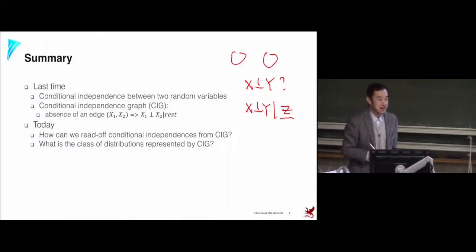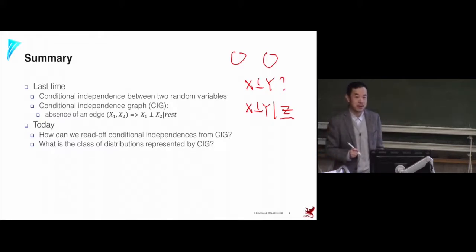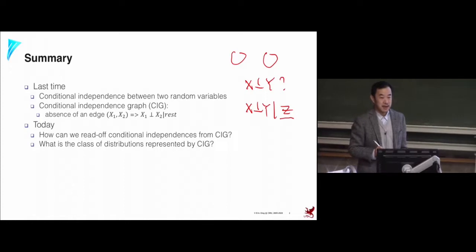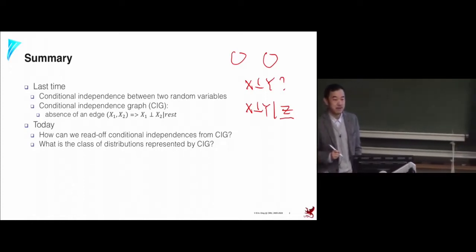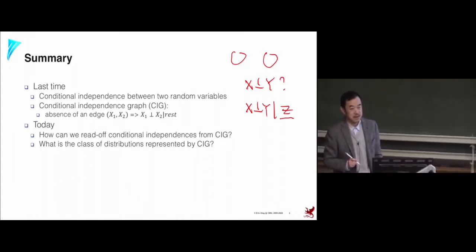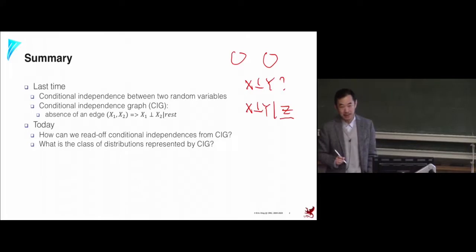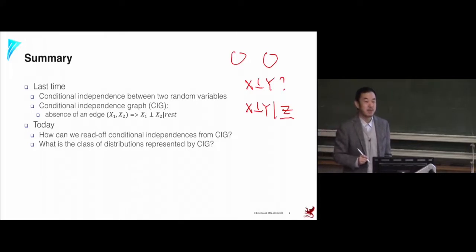And then we said that partial correlation or correlation doesn't necessarily translate to independencies. You can use mutual information to measure pairwise independencies, but in terms of the correspondent of partial correlations to other things, it becomes a little more complicated.